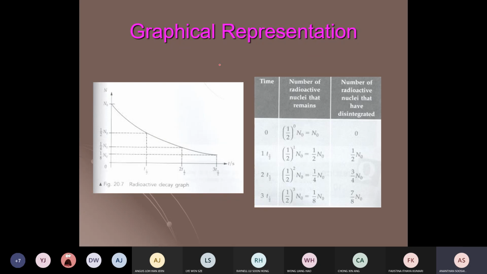Let's say uranium: n is the number of particles of uranium still remaining after time t. This graph drops exponentially. The formula, now you know, is n equals n naught e negative lambda t. At O level you never learned it, but now the graph drops exponentially. This is the formula.